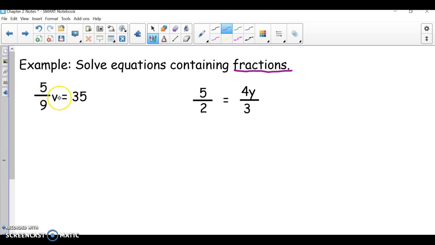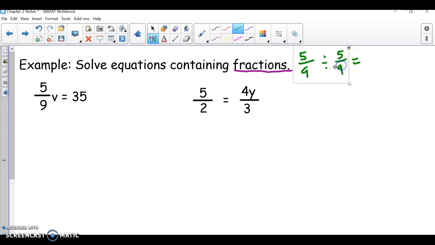So 5/9 times v. I want to undo 5/9 times v to get v by itself. So what we're really doing, and you do not have to write this down, is taking 5/9 and we want to divide by 5/9 to get v by itself.